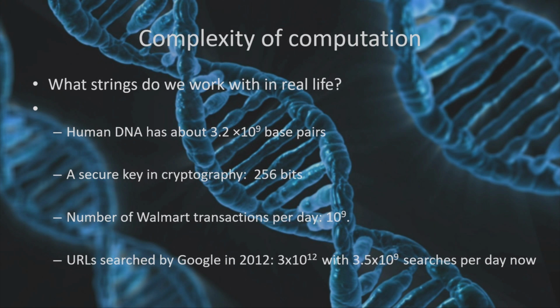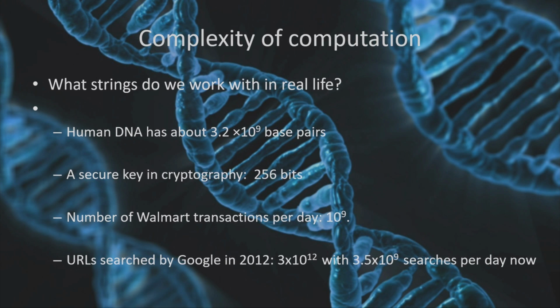But going back to everyday big numbers, the number of Walmart transactions, the latest one I can find, which is fairly old, is 10 to the 9th. The number of URLs searched by Google in 2012, that's when they actually told us how many URLs they searched, was 3 times 10 to the 12th. That's a pretty sizable number.